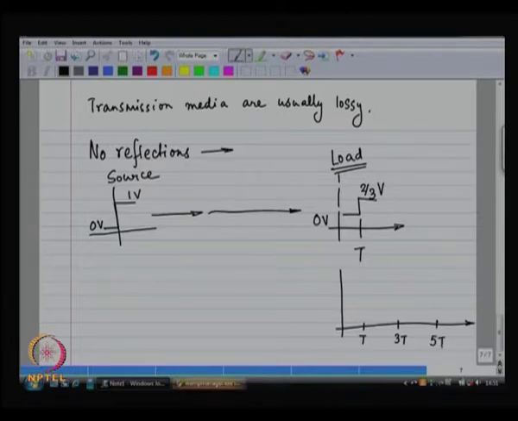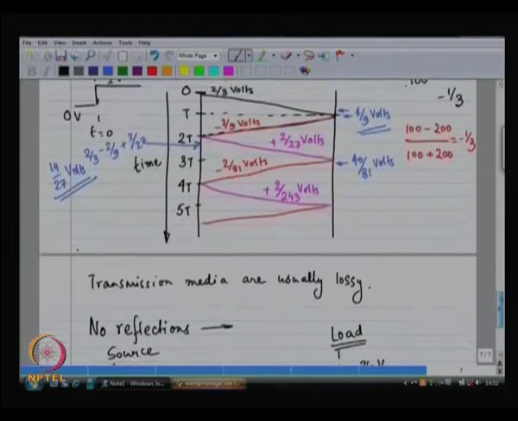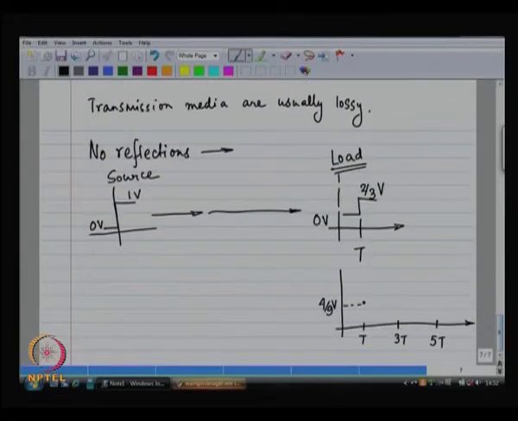So, at time capital T, I got 4/9 volts. At time 3T, I got 40/81 volts.